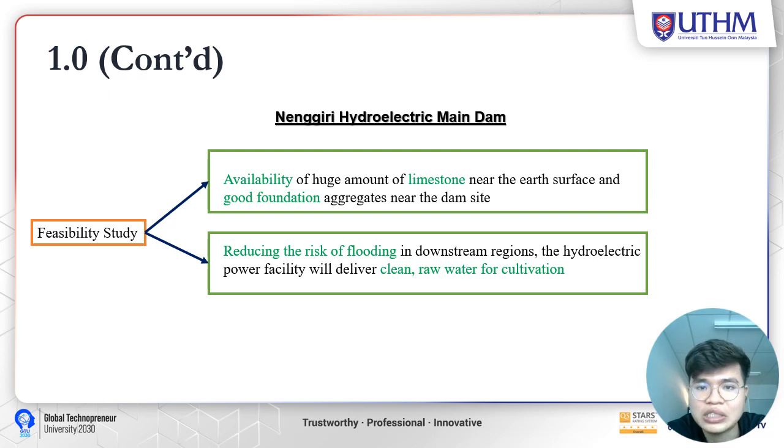Now I would like to present the two factors which are mostly of concern. The first one is the availability of a large amount of limestone near the earth surface and also good foundation aggregate near the dam site. That's why these natural resources can be used for RCC construction, using this aggregate which is available on or near the site.